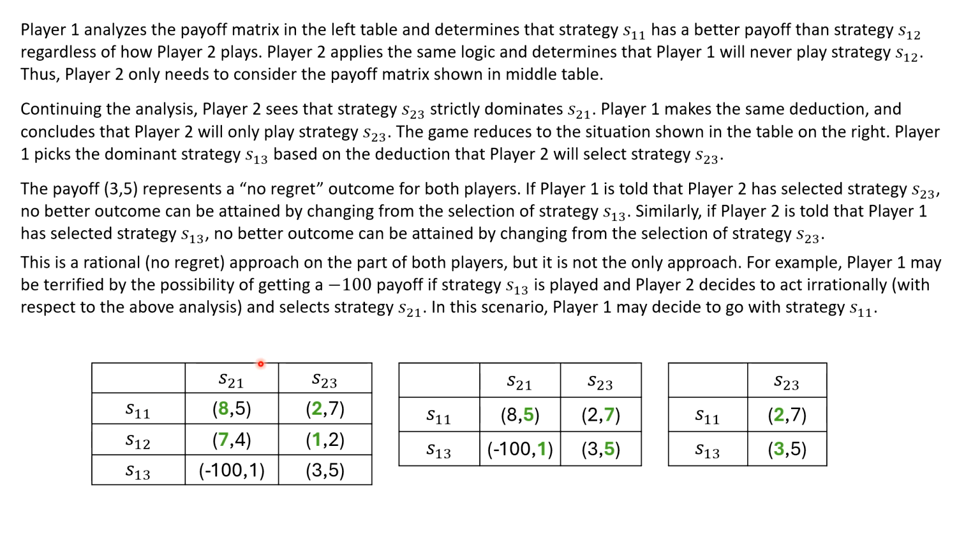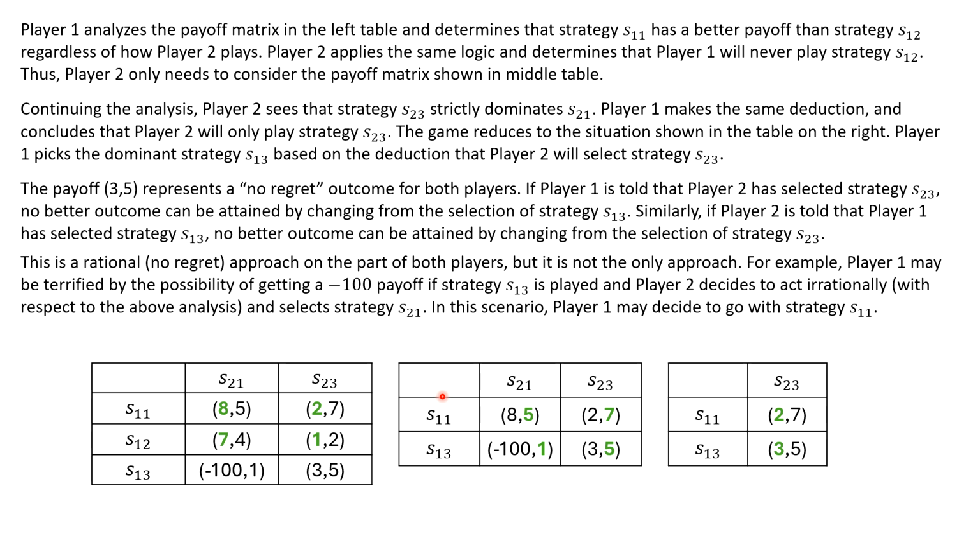I carried over the matrix from the previous slide. I put it here. So we can see that player 1 has a strategy S11 in this modified matrix that dominates strategy S12. You notice 8 is greater than 7, 2 is greater than 1. So both players see this and they both reason logically.